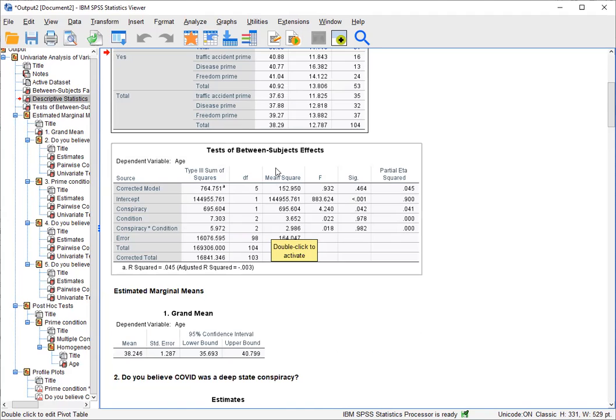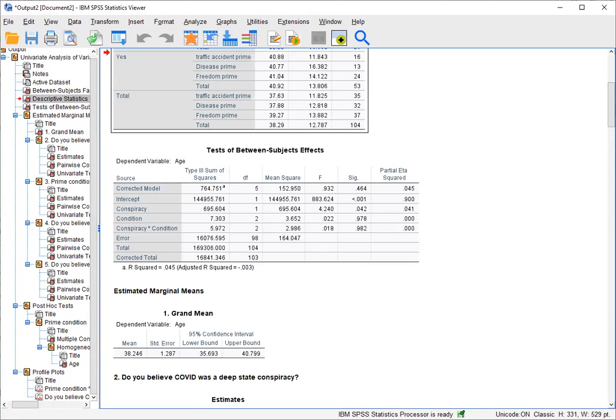So now this test of between subjects effects, just like with the regular ANOVA, is where we're going to check for our statistical significance of each of the prime conditions, right? So we're going to look down here. Let me get a little pencil so I can show you this better. Right here, conspiracy condition. So whether they believed COVID was a government conspiracy or not, yes or no, right?